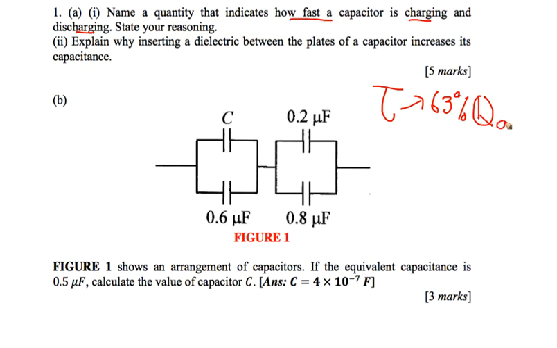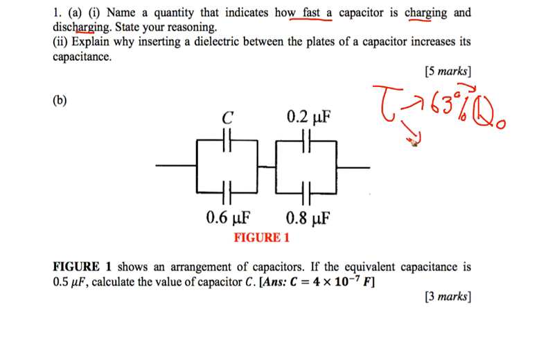from the Q naught, meaning the time taken for the charging capacitor, where fully charged is Q naught. So at the time constant tau, you find 63% of the fully charged Q naught.